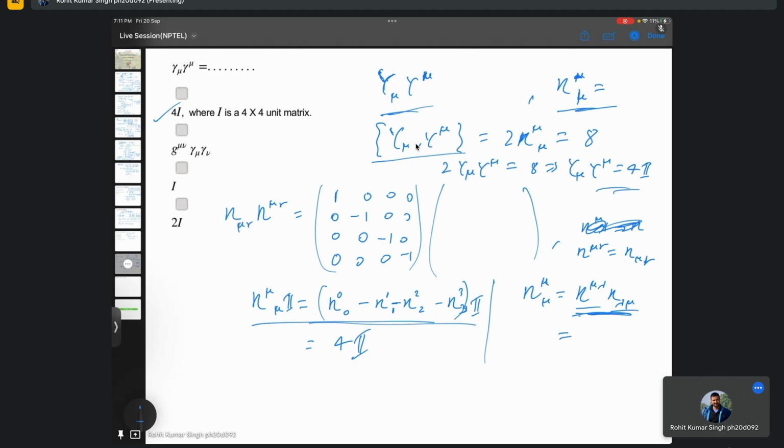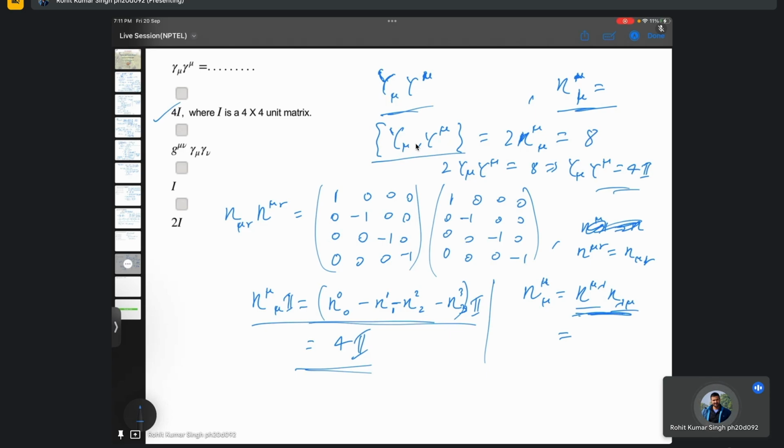Take a matrix like this and just multiply it, you will get this, right? It's fine. Everyone understood? Please ask me if you have any doubt.